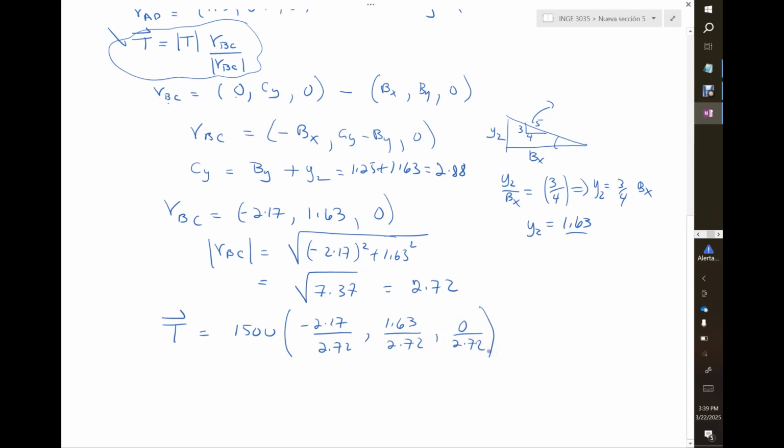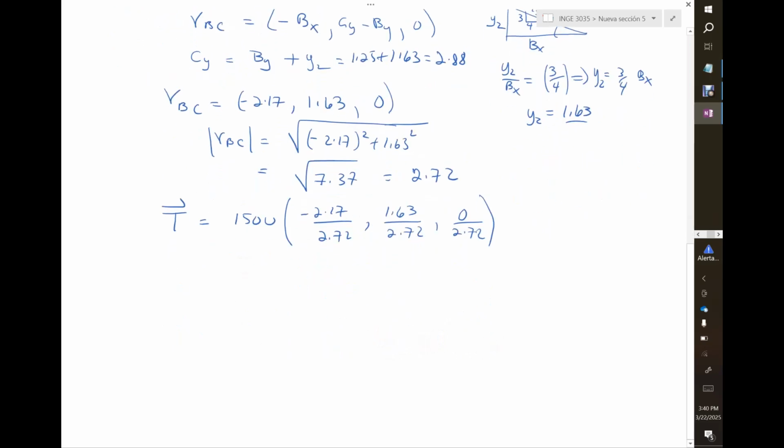We don't care. And when we break that out, it ends up being that this is approximately 1500, and guess what, this is negative 0.8, and this is positive 0.6, and this is 0.